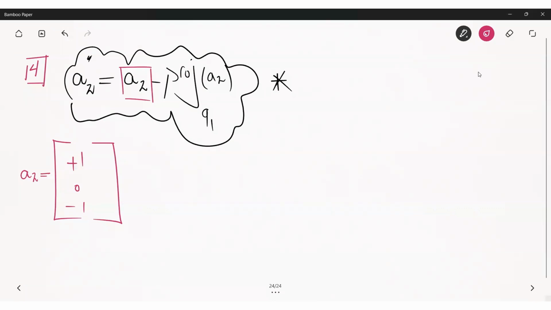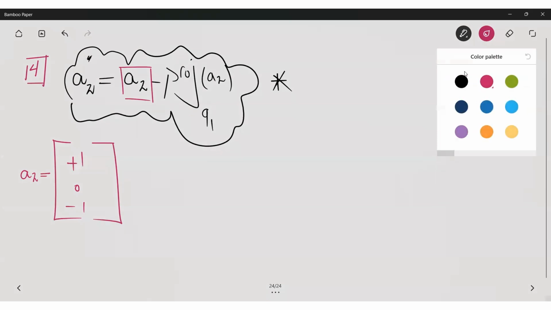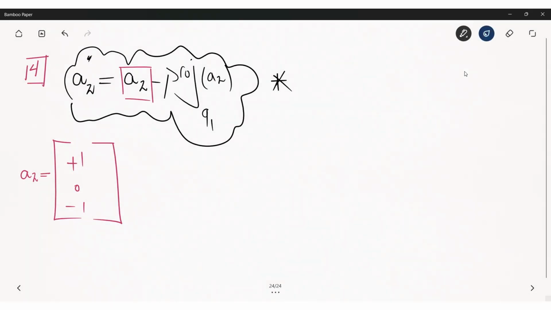But I should not jump into normalizing it, because I have to subtract the projection of A2 along the Q1 which I got. In order to find the projection, it has a very interesting geometric interpretation. I'm going to share that next week when we come back after the midterm. But here, I'm just going to give you the formula.